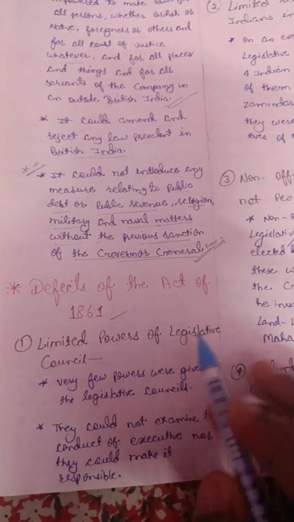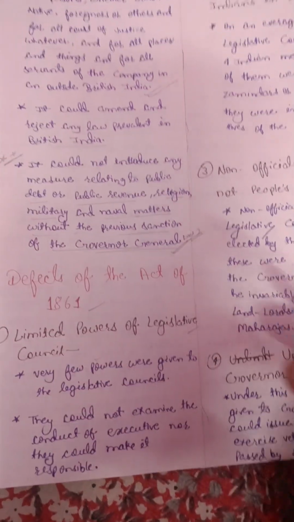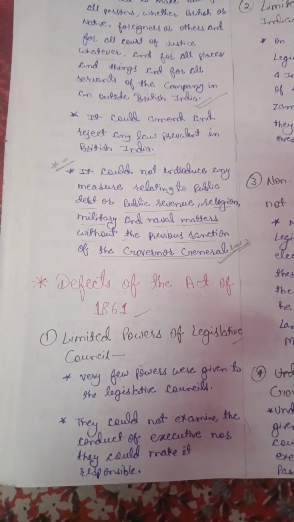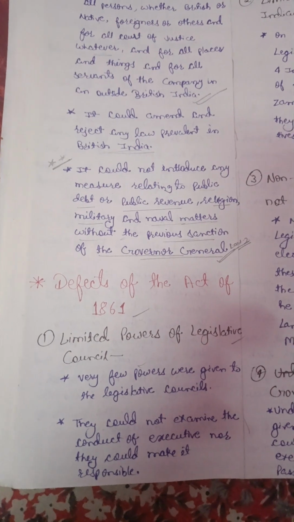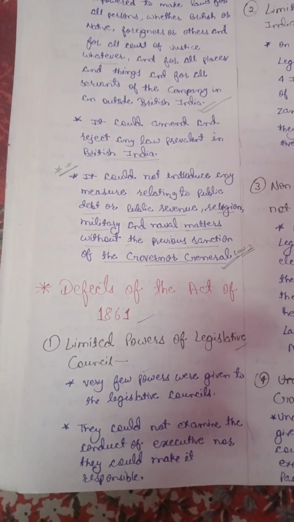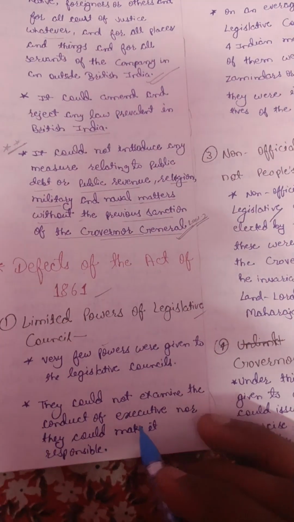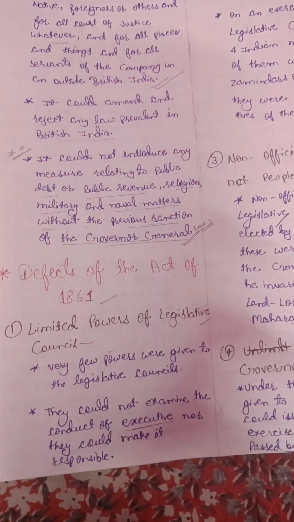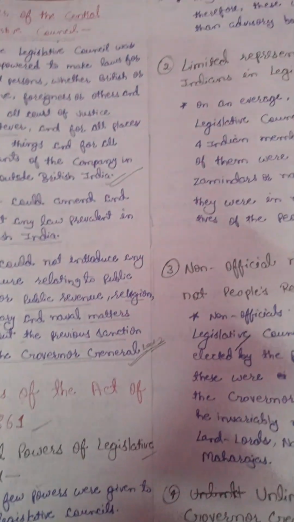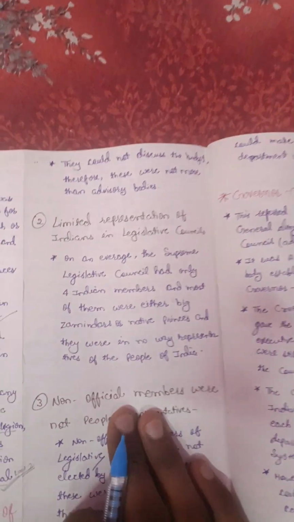Number one is the limited power of the legislative council. As we have seen, legislative councils were given very few powers. So they could not examine the conduct of the executives, nor could they make them responsible for their actions, and they could not discuss the budget.